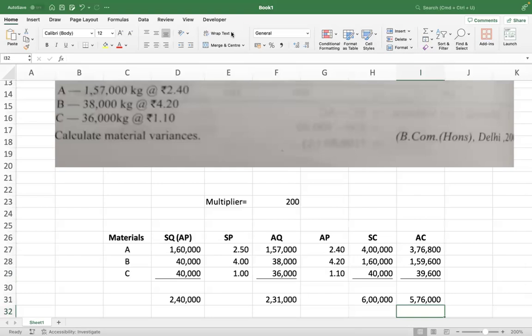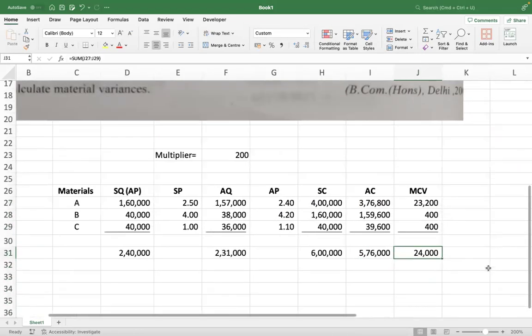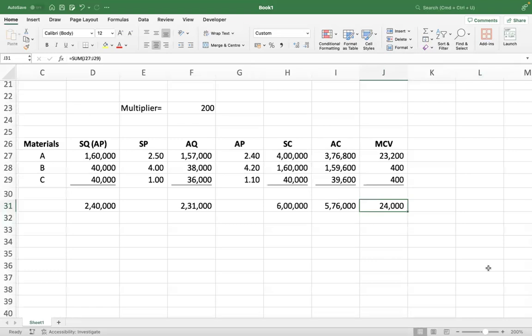Is it a favorable variance or an adverse variance? This is favorable because your actual cost is lower than your budgeted cost. So you can get your MCV, material cost variance, standard cost minus actual cost, which comes to 24,000 rupees.